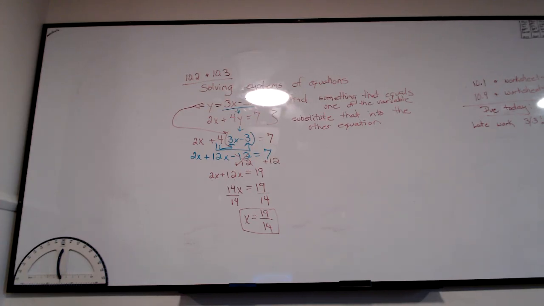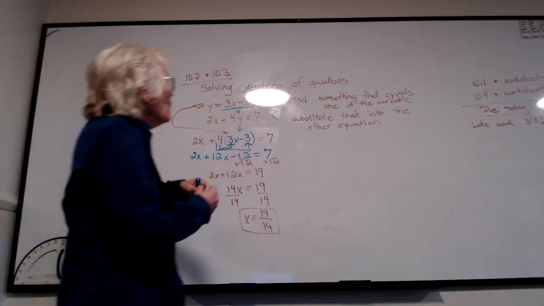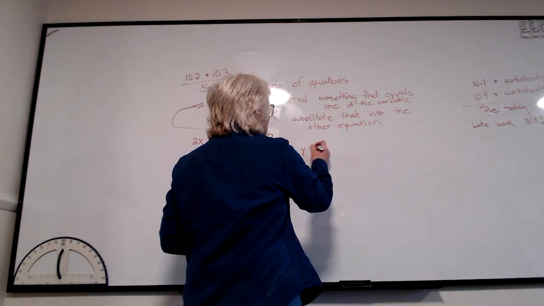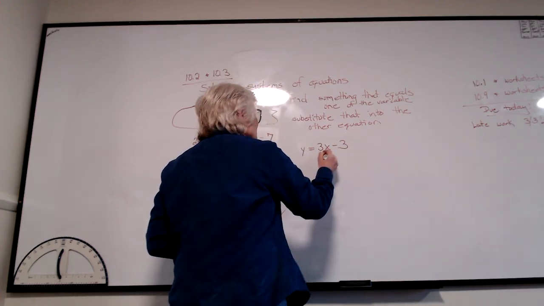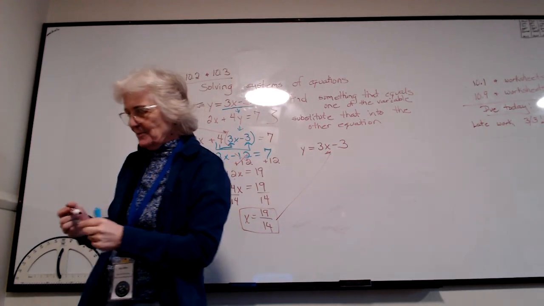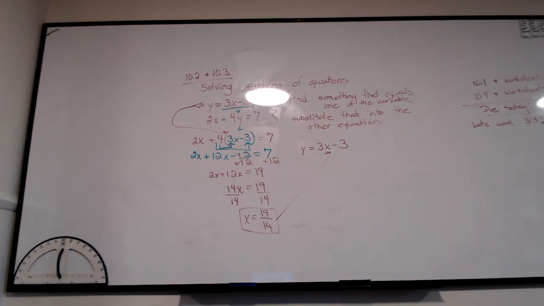What if we just find the, wait, 3x minus 3 is just already y. Oh, it is. Look at this equation. It's already y. Y is going to be 3x minus 3. Do we know what x is? Oh, we solved for x. We can substitute that value for x back in.